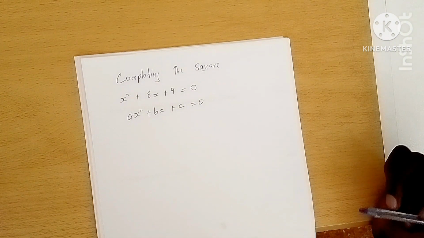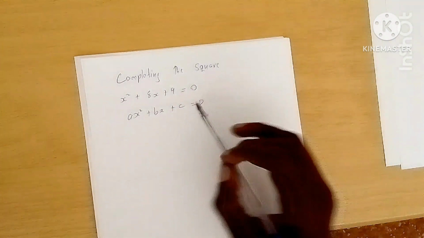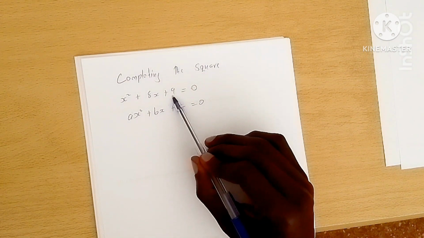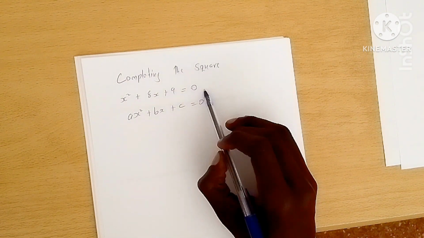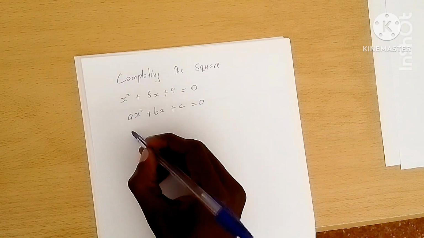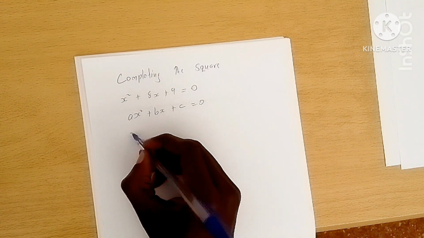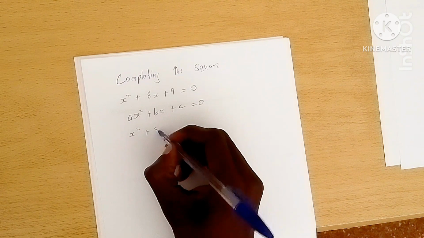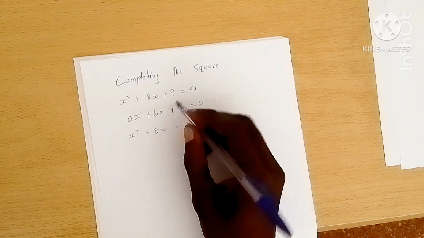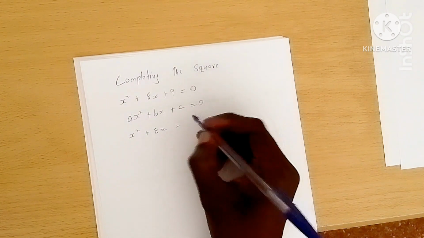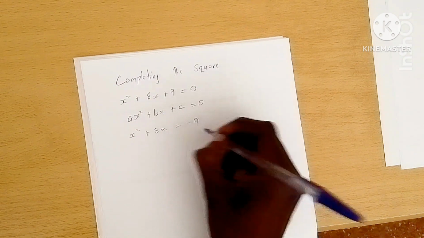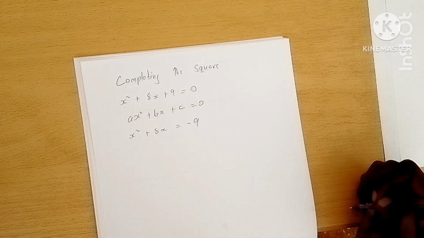So in this particular case, the first thing I want us to do is to take this 9 to the other side. So we're going to have x squared plus 8x equal to, here we're having positive 9, so on crossing, we're going to have negative 9.